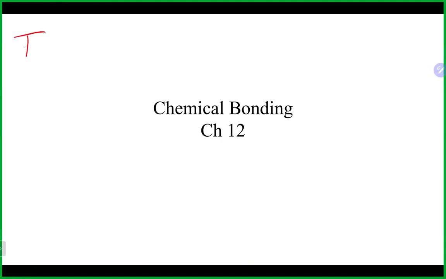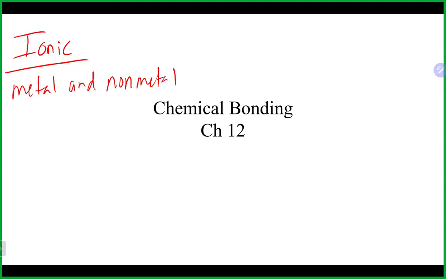One is ionic bonding. And in ionic bonding, it is always a metal and a non-metal that comes together. And really, because of those periodic trends that we talked about, metals again have all the trends that they want to get rid of their electrons and lose them.